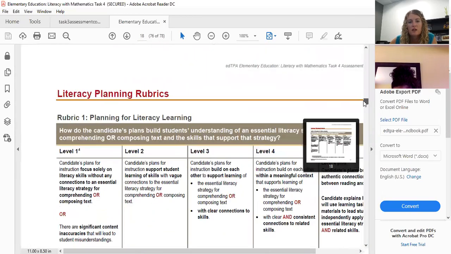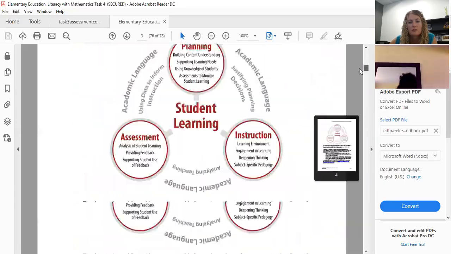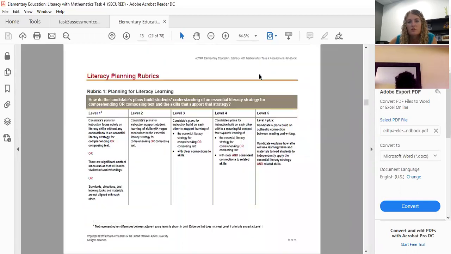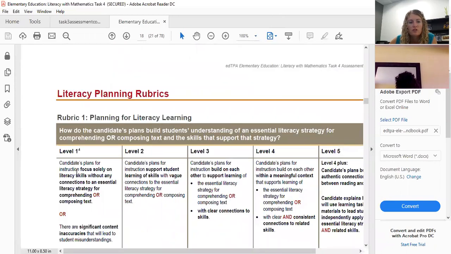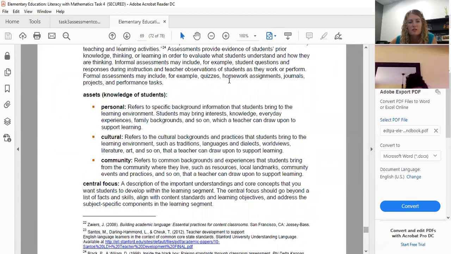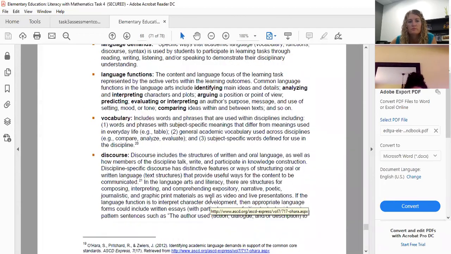So when you're looking up here at the rubrics, you'll also see that they use those same words. So when you see one of those words and you think, gosh, I'm not sure exactly what that means, essential literacy strategy, look in the glossary and you'll probably find it's one of the words they have listed there. Okay, thank you. Mm-hmm.